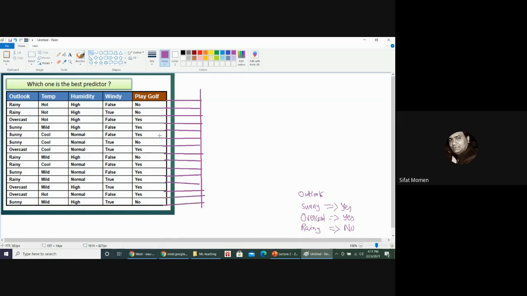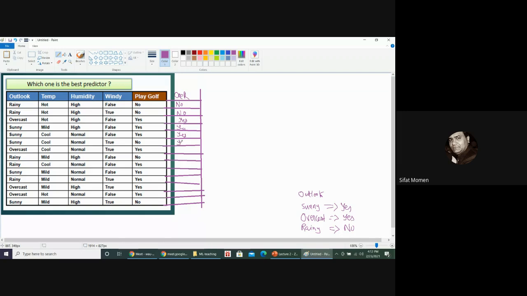Not the best straight line in the world, but that's okay. How am I going to make this prediction? I'm going to look at the Outlook only. The first instance, Outlook is what? Rainy. What's the prediction? No. Next one, rainy, so it's no. Overcast, yes. Sunny, yes.